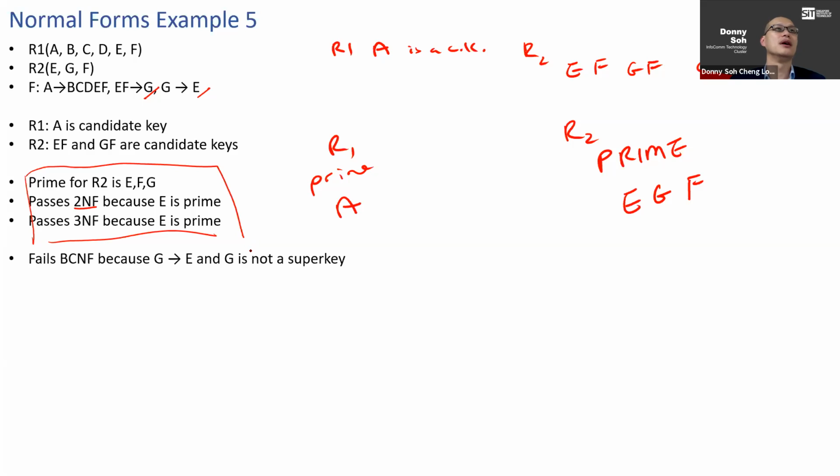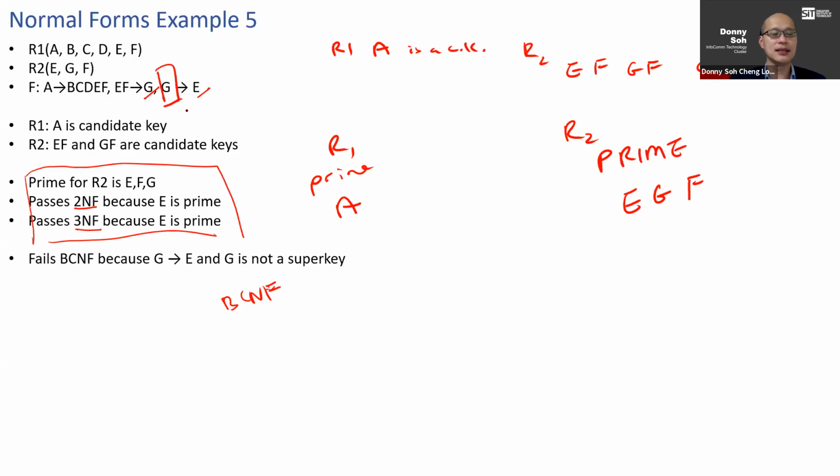Okay. So let's see if does it pass 3NF or not. So in 3NF, it also passes because E and G, both of them are prime attributes. So it also passes the 3NF. Okay. Then the last thing is we have to check for the BCNF, we have to check the left-hand side.